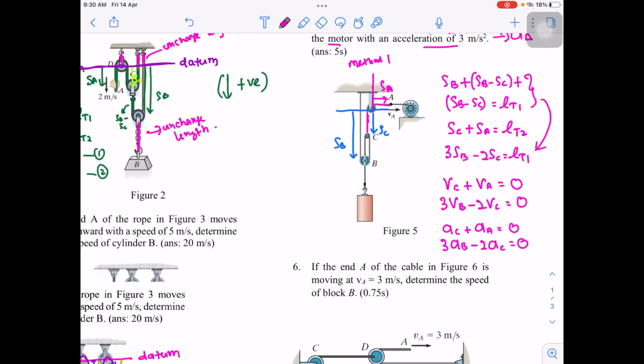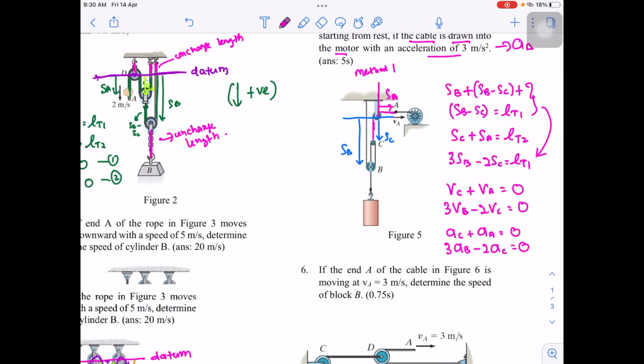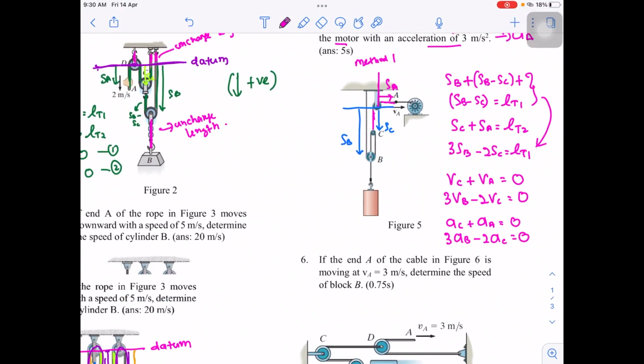So when AA is equal to 3, AC is equal to minus 3. Okay. And AB is equal to 3 times 2, 6.